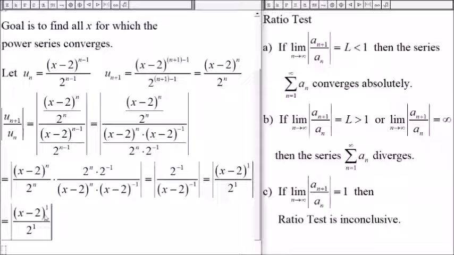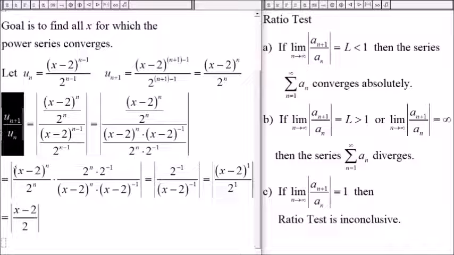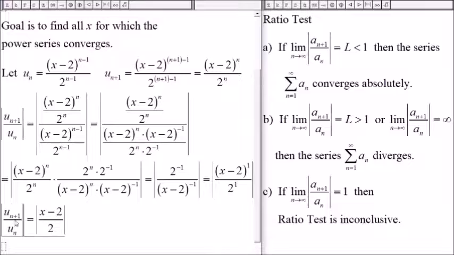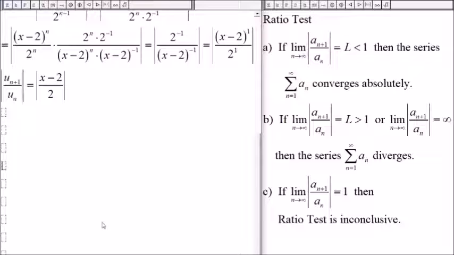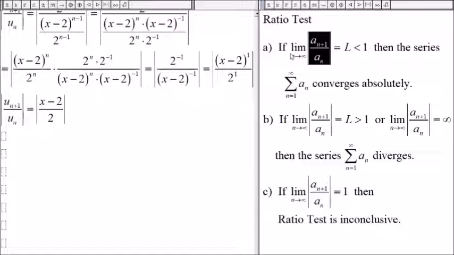So this is just x minus 2 over 2. So that's u sub n plus 1 divided by u sub n. And then now we need the limit as n approaches infinity.